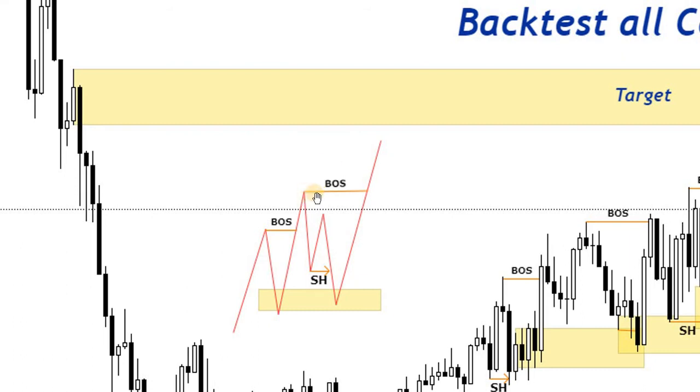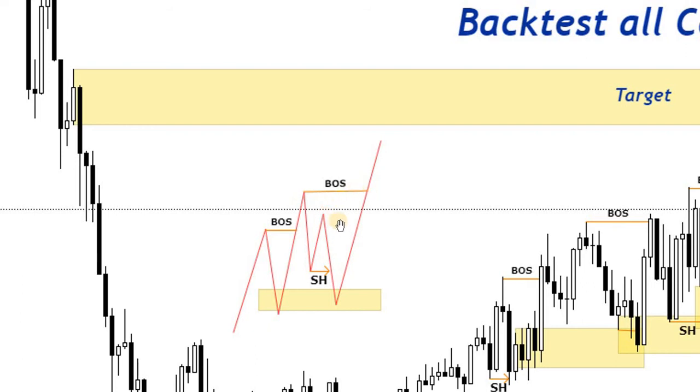In that case, it is most likely going to be used as a liquidity inducement, and that is why we saw price come back, clear liquidity before resuming the move up that led to this break of structure.